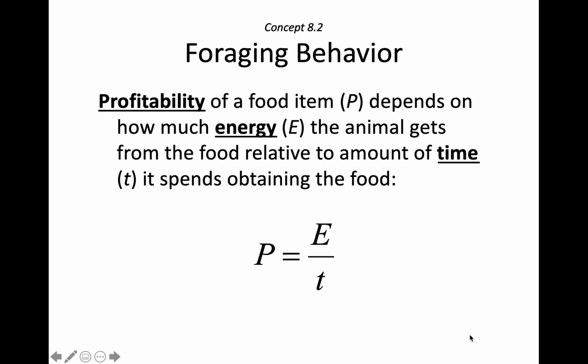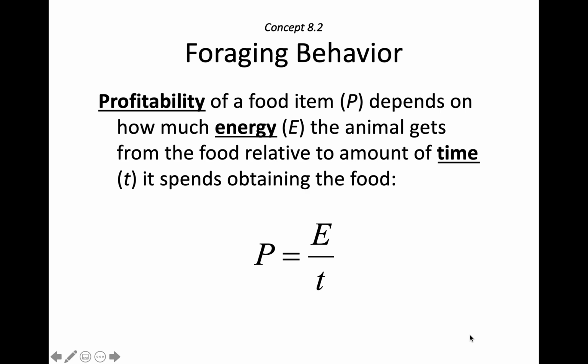So according to optimal foraging theory, the profitability of a food item to a foraging animal depends on the net amount of energy it gets from the food relative to the amount of time that it spends obtaining and processing the food. Processing can mean different things. We'll look at an example in a minute of what processing means for oyster catchers.